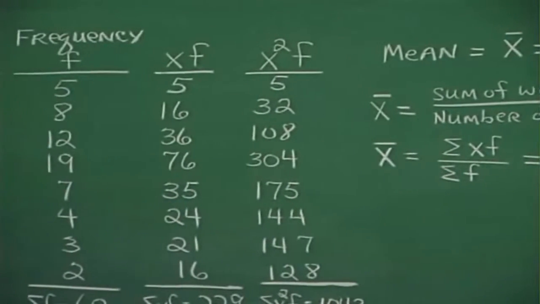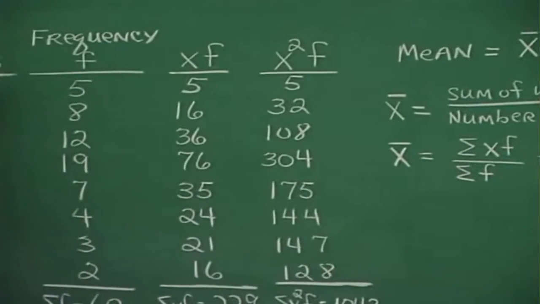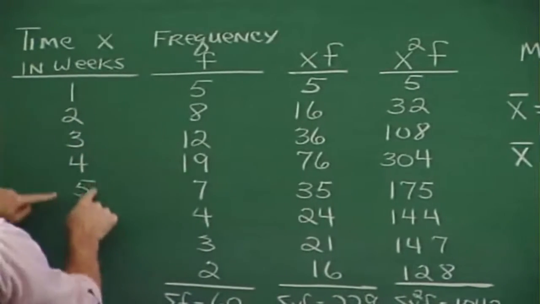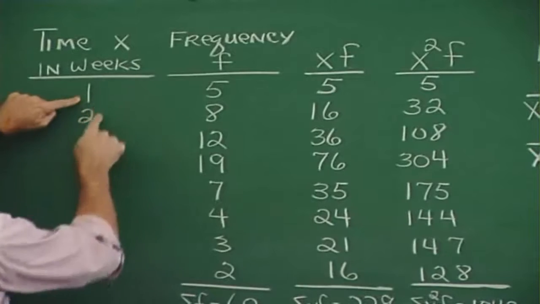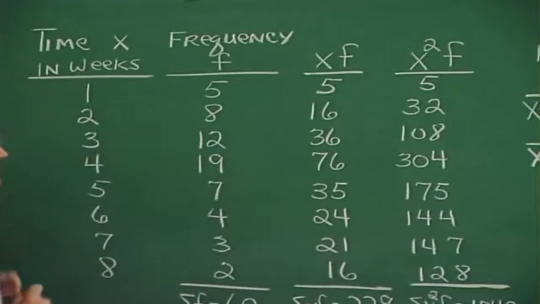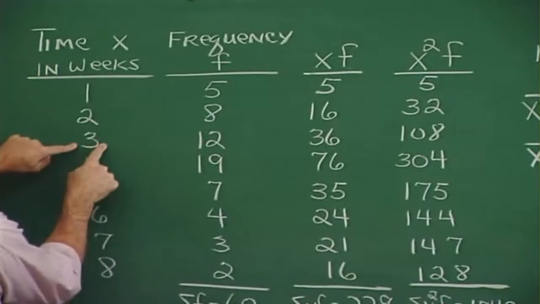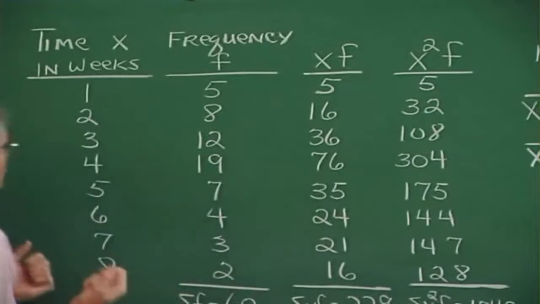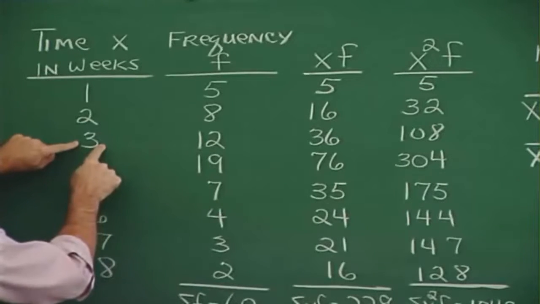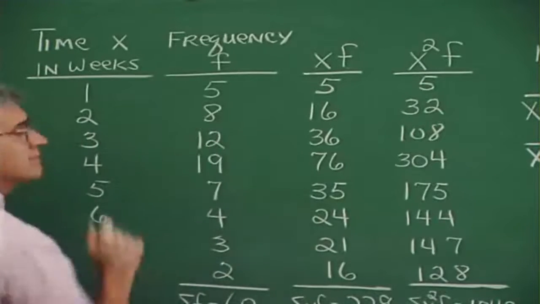Now, the x's, the time x in weeks, do we just square these? Well, we could do it that way. The thing is, though, every one of these x's has a frequency associated with it. So if we square 3 to be added to other squared amounts, then we would have to add 3 squared 12 times.